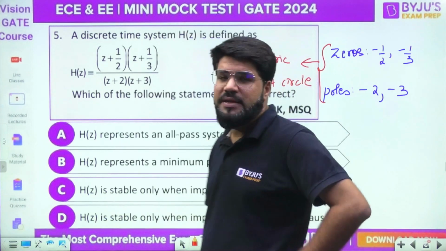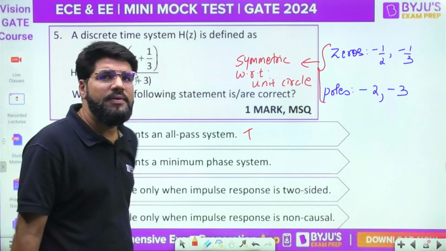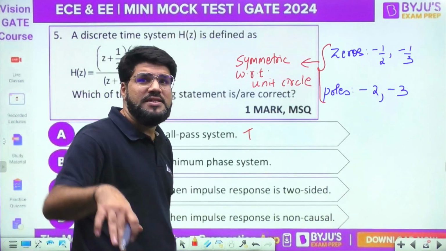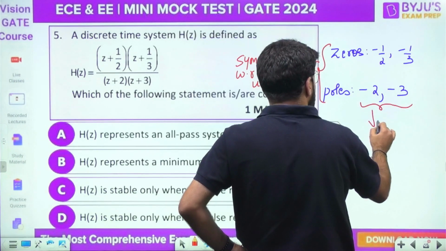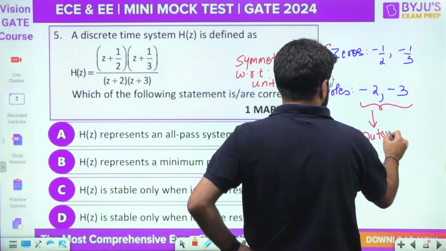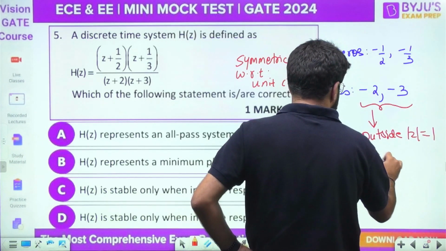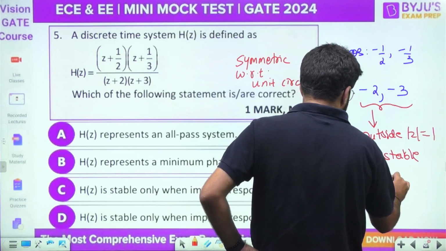In the continuous domain, we see the symmetry with respect to the imaginary axis. In the discrete domain, we see it with respect to the unit circle. For a minimum phase system, all poles and zeros must be inside the unit circle. Here the poles are outside the unit circle, so that makes the system unstable, and at the same time non-minimum phase also.